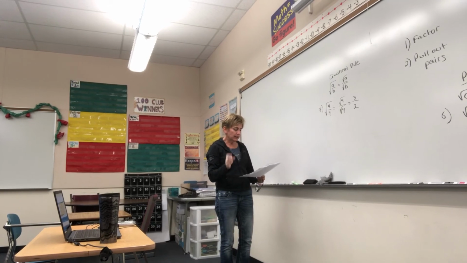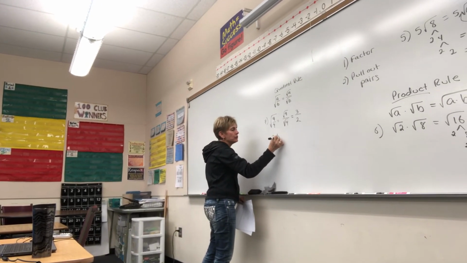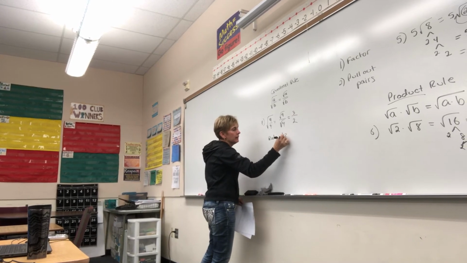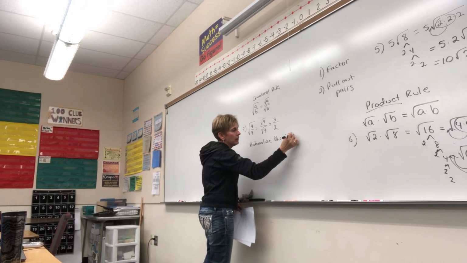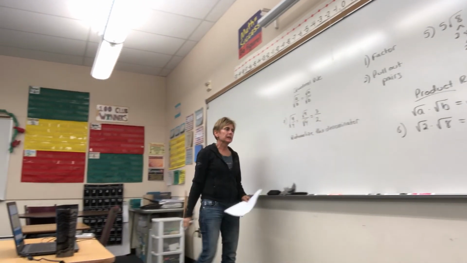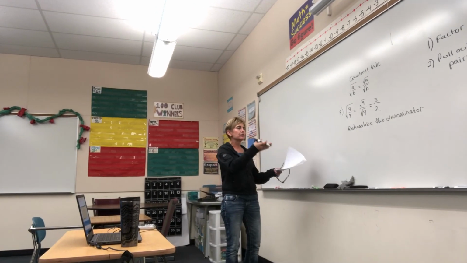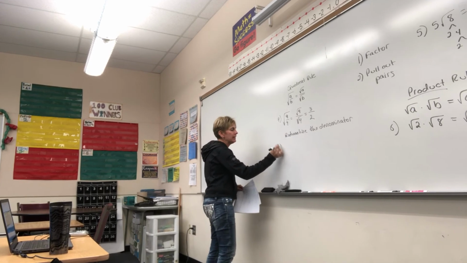All right, one last rule I want to talk about is something called rationalize the denominator. And this will be our last example. Don't worry if your spelling's perfect. Like I said, if you need to zoom in, go ahead. We'll call this one example 8.